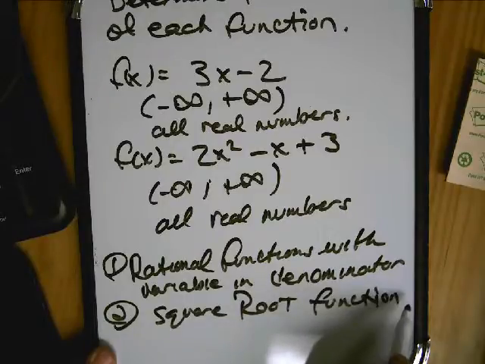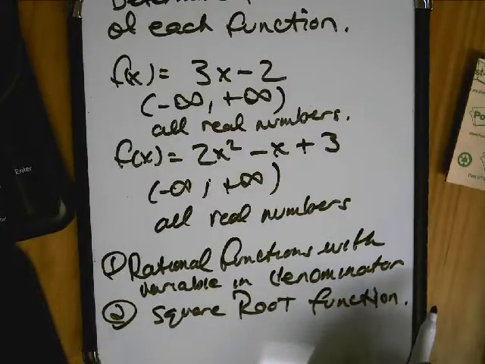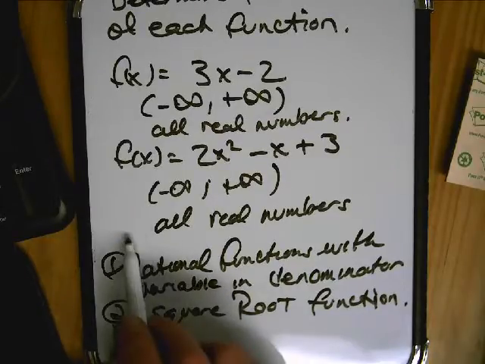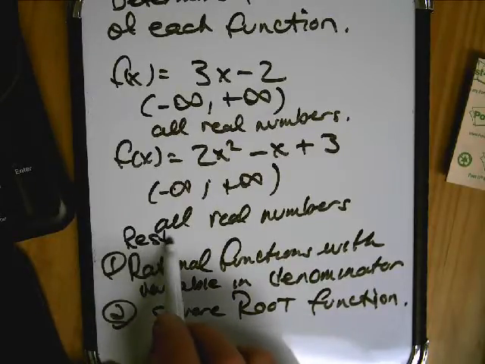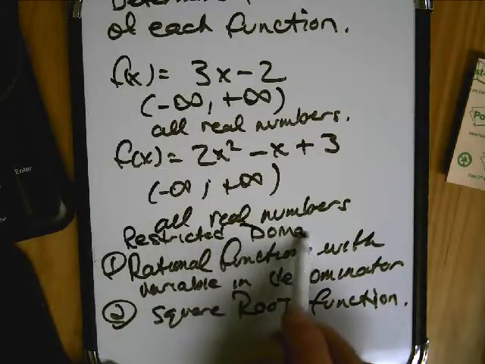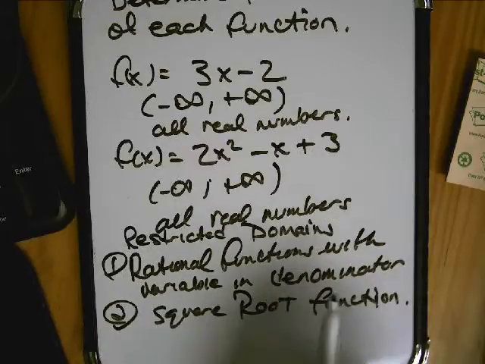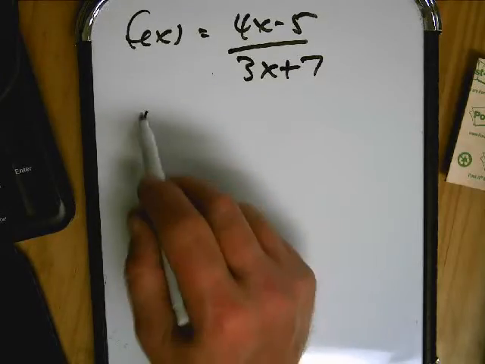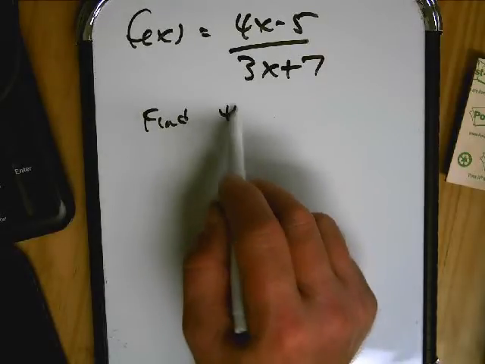These are the two functions that we've got restricted domains on. Everything else we've learned has been all real numbers. Find the domain.